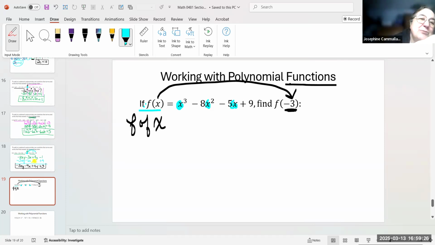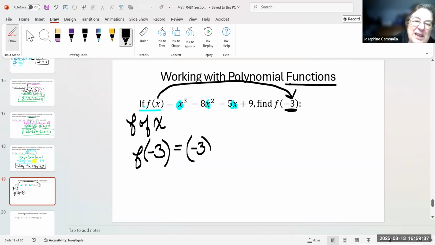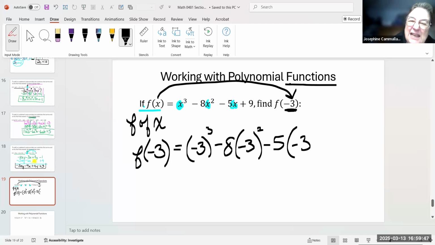That means I am going to write f of -3 equals -3 cubed minus 8 times -3 squared minus 5 times -3 plus 9.